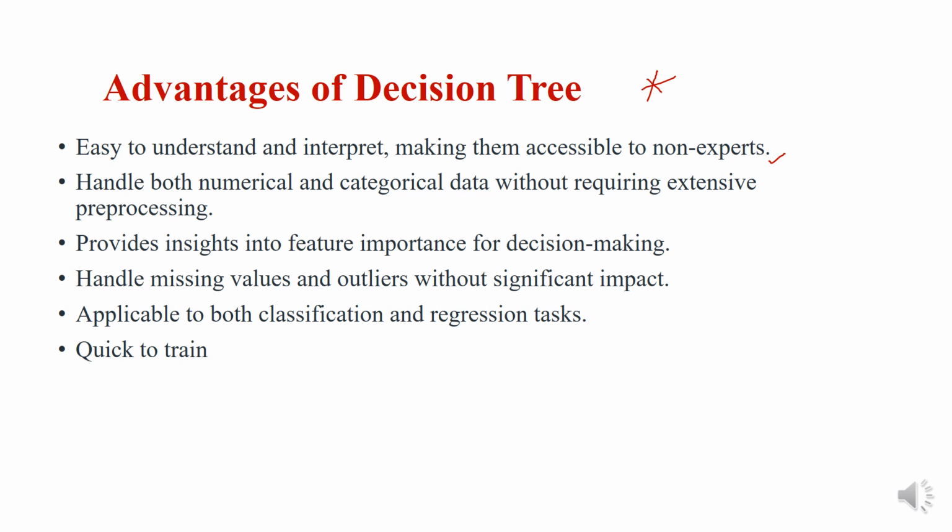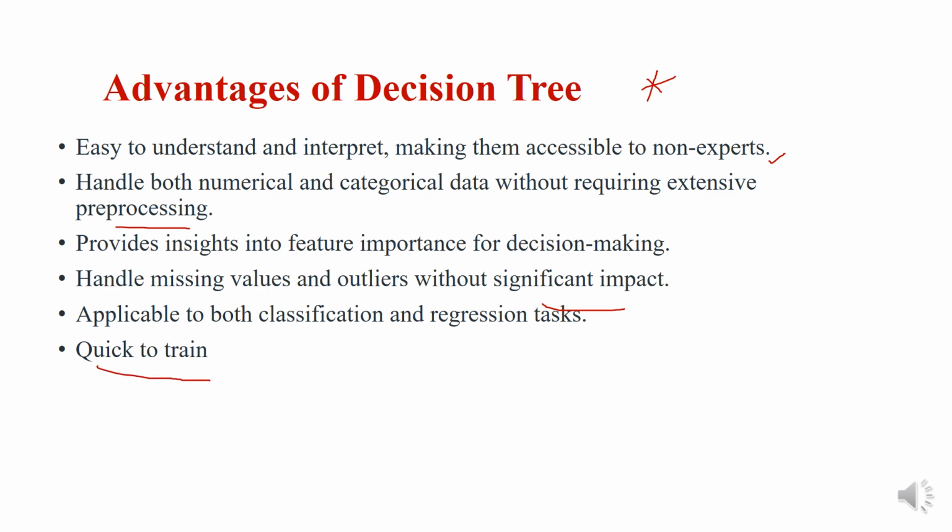It is easy to handle both numerical and categorical data without requiring extensive pre-processing. It provides insights into feature importance for decision making. It can handle missing values and outliers without significant impact. It is applicable to both classification and regression tasks, and it is very quick to train on sample data sets.